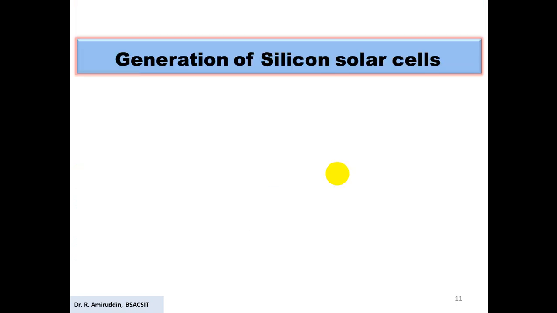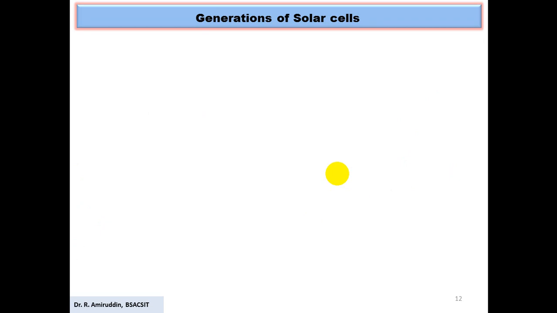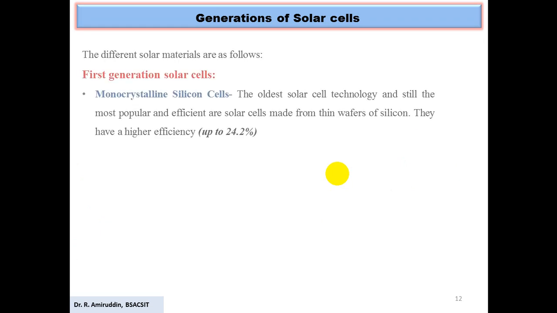So let us analyze the different generations of solar cells. The first generation is made up of silicon, and again the first generation solar cells have many classifications such as monocrystalline silicon solar cells, which is the oldest technology and still very popular among solar cell fabrication.